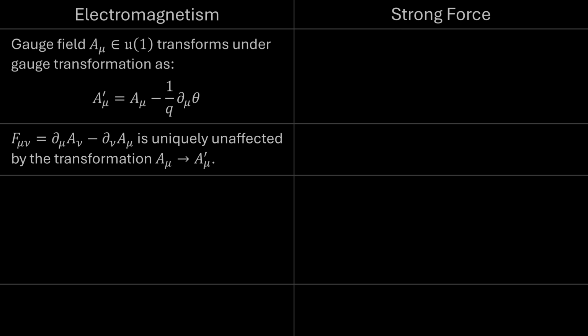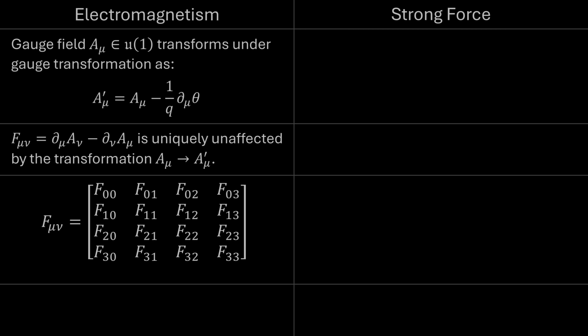So therefore, in any gauge, partial mu A nu minus partial nu A mu is going to be the same. And because it remains the same in every gauge, we can have real, actual energy corresponding to this mathematical object, which we call F mu nu, the field strength tensor.